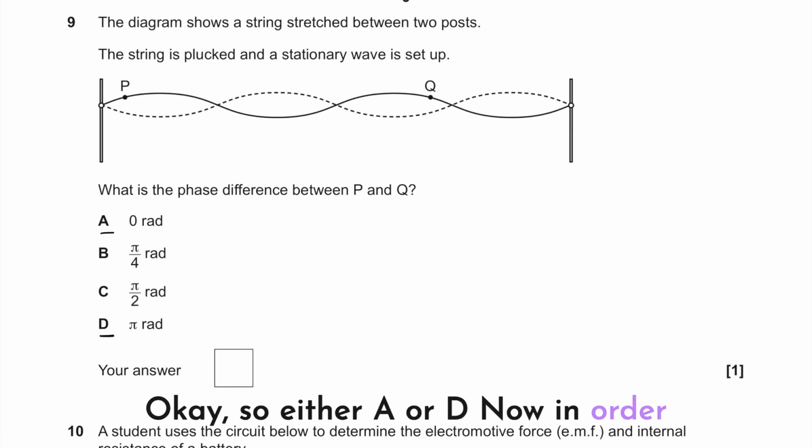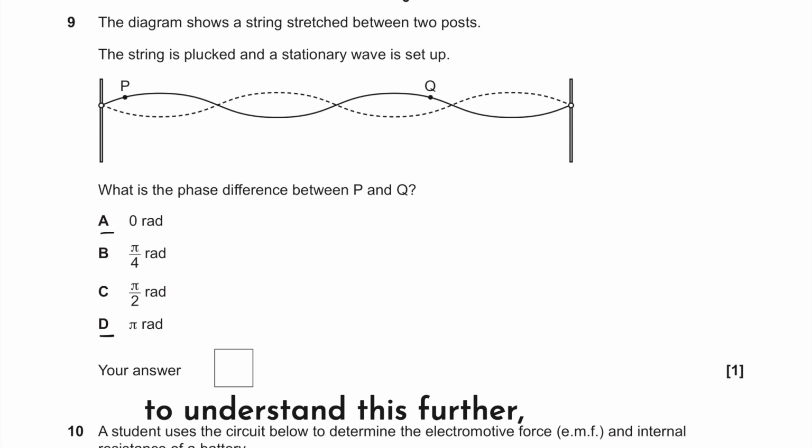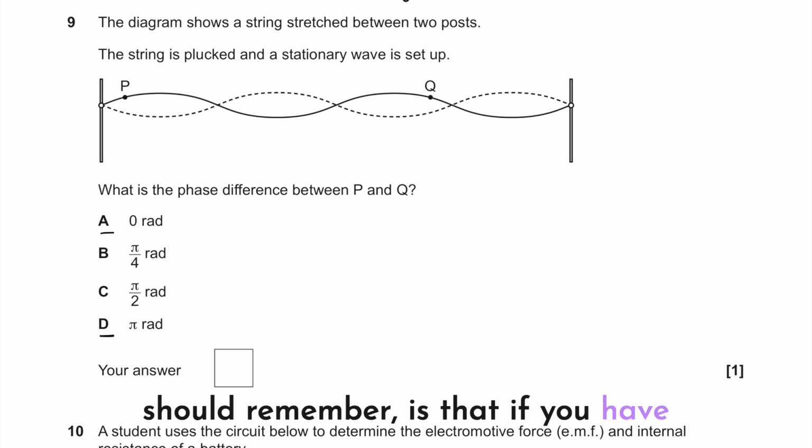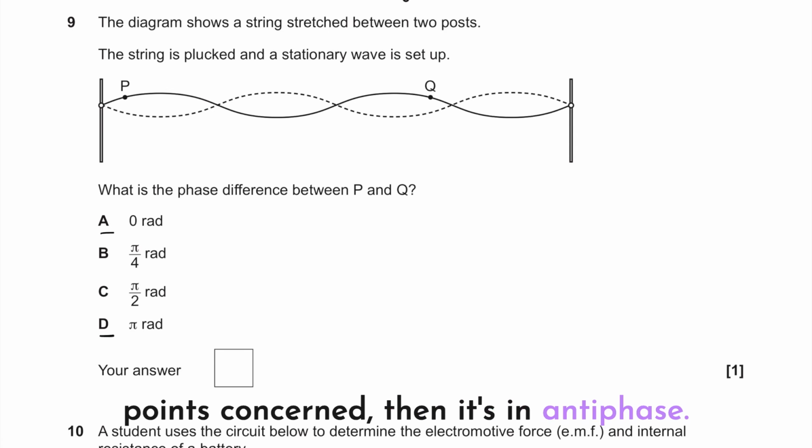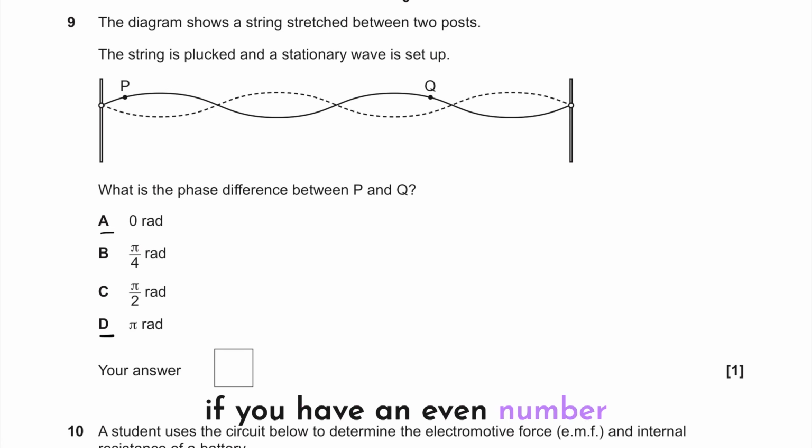Now, in order to understand this further, a couple of things you should remember is that if you have odd number of nodes between the 2 points concerned, then it's in antiphase. If you have an even number of nodes, it will be in phase.